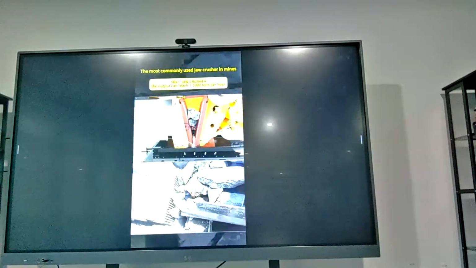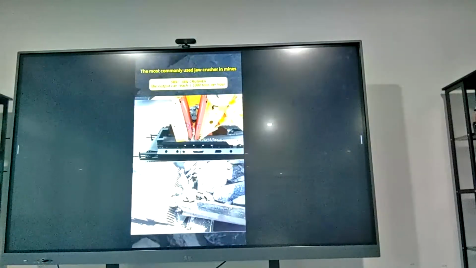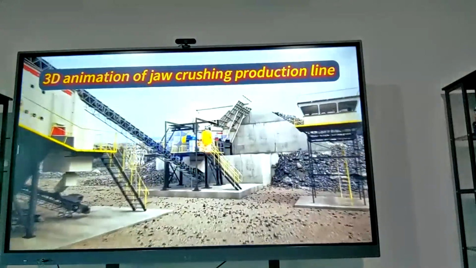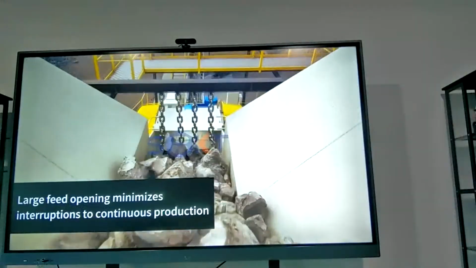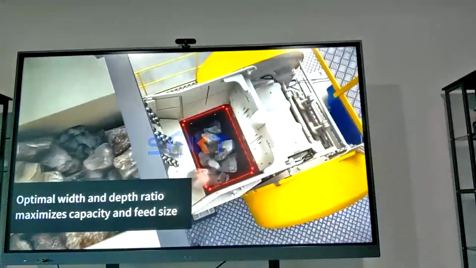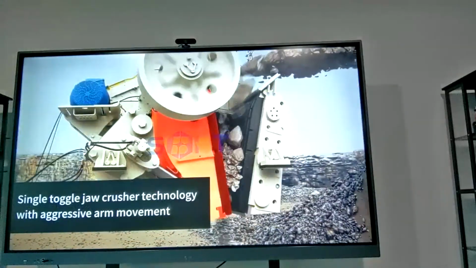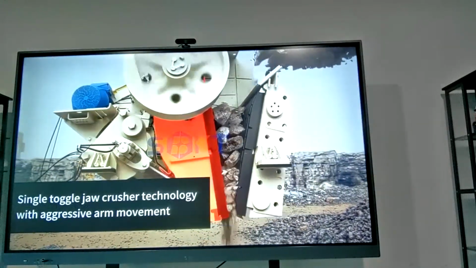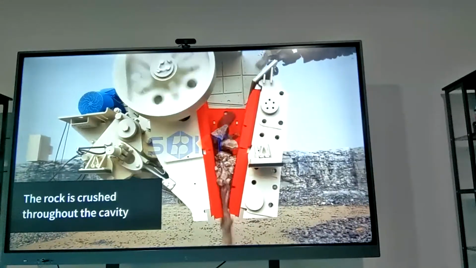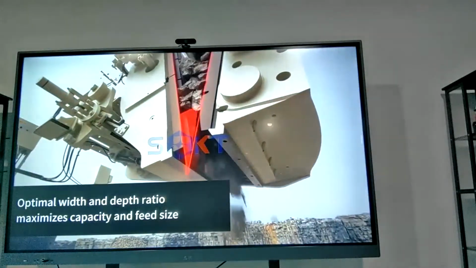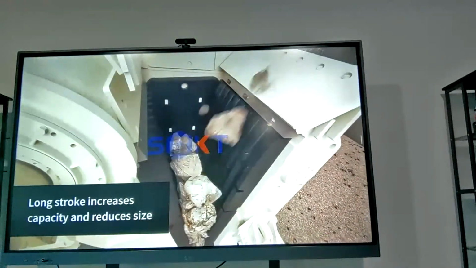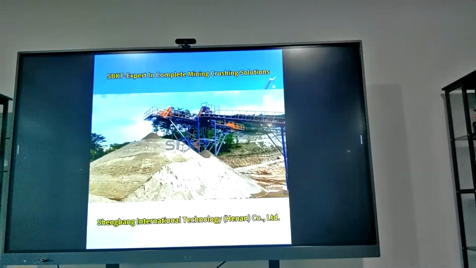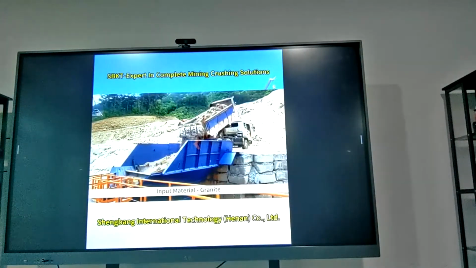This video shows the most commonly used jaw crusher in mass. That's all in summary.